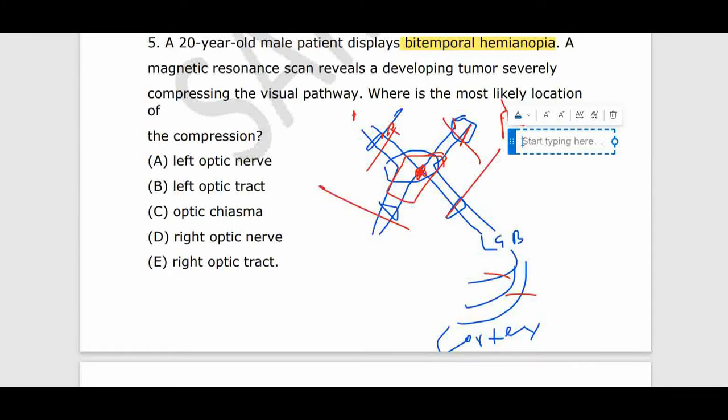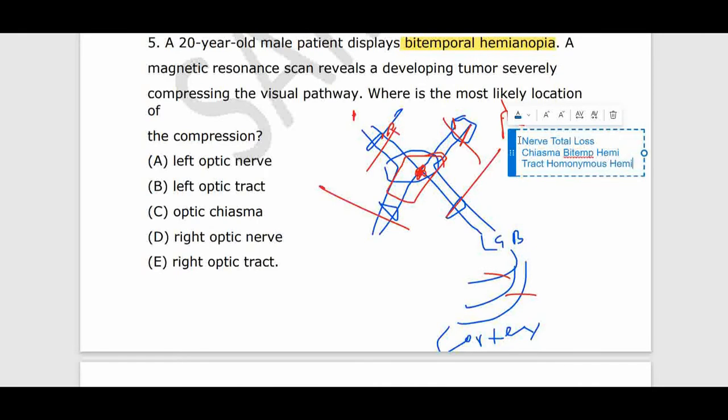If it's affecting the nerve, you have a total loss. And then if it's affecting the chiasma, what can cause that is usually things like pituitary tumor or craniopharyngioma. You have bitemporal hemianopia. And then if it's affecting the tract, you have homonymous hemianopia.